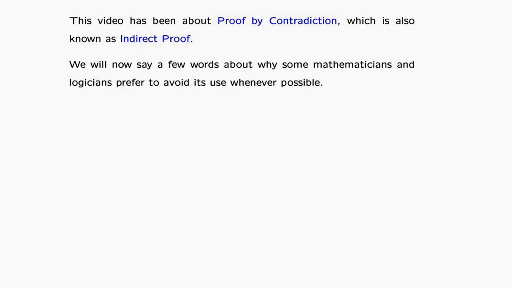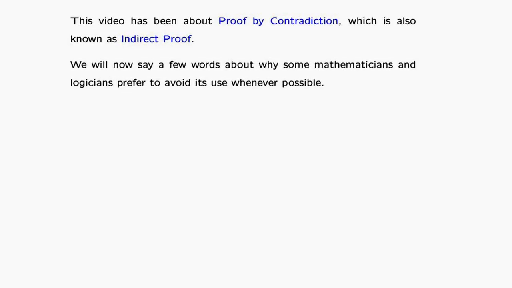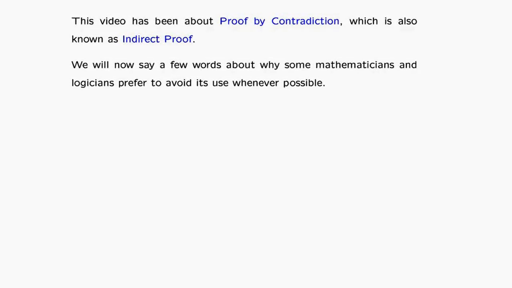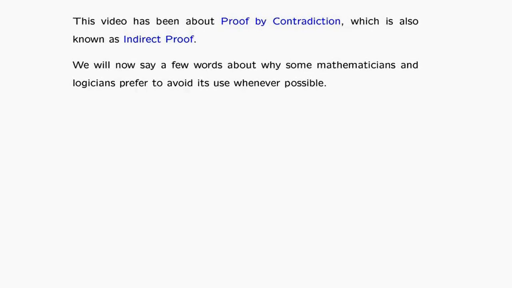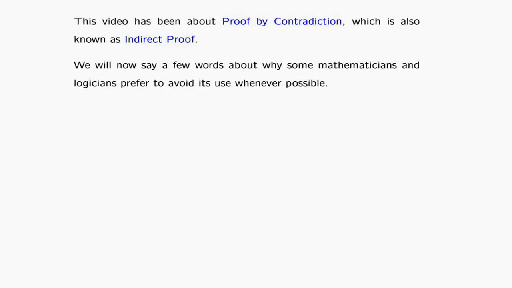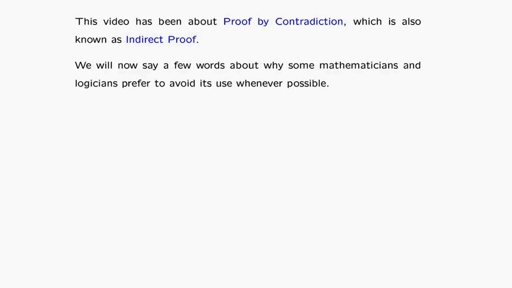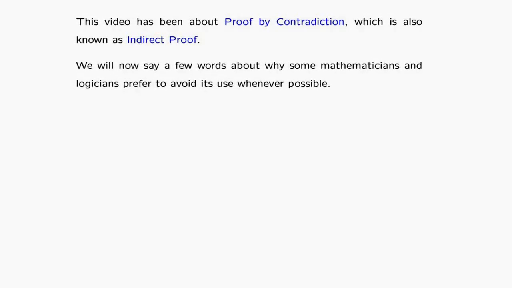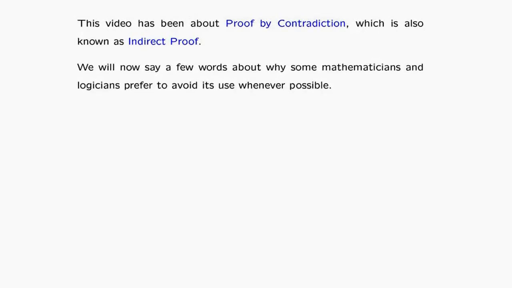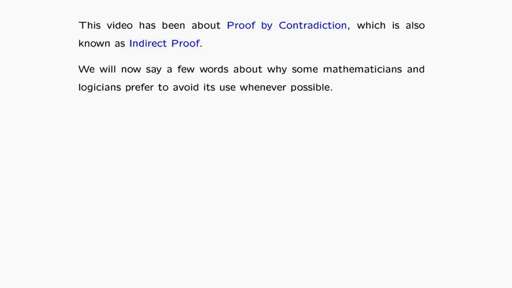This video has been about proof by contradiction, which is also known as indirect proof. We shall now say a few words about why some mathematicians and some logicians prefer to avoid its use whenever possible.